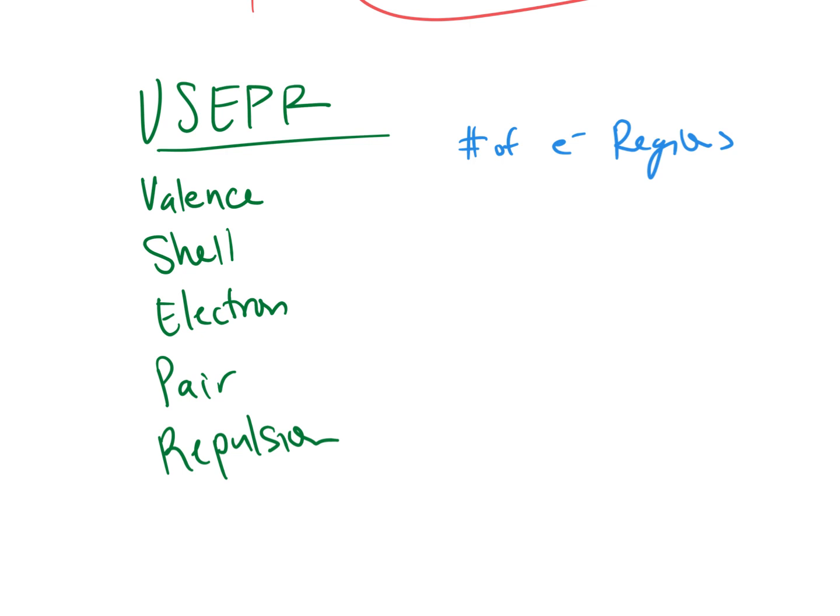So for example, when we're counting the electron regions, if we have a compound, let's do the NO2 minus that we just did.